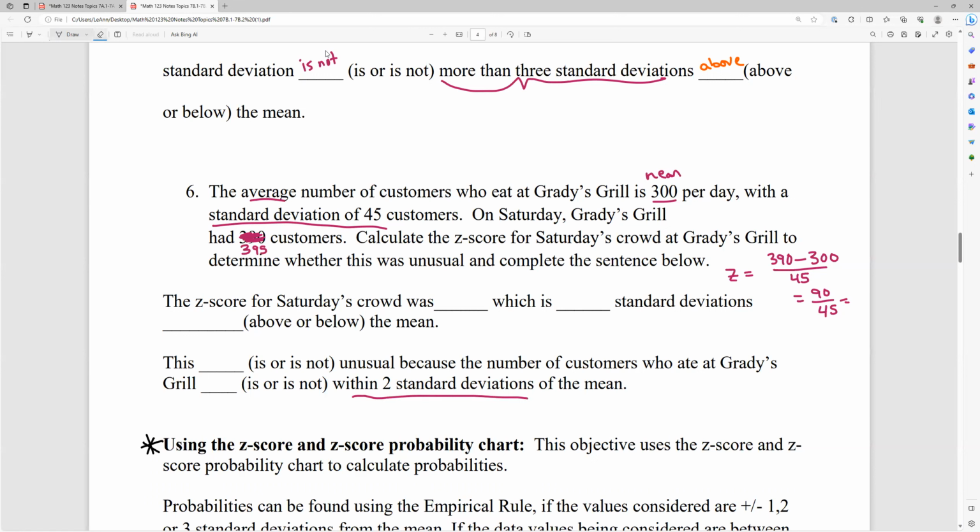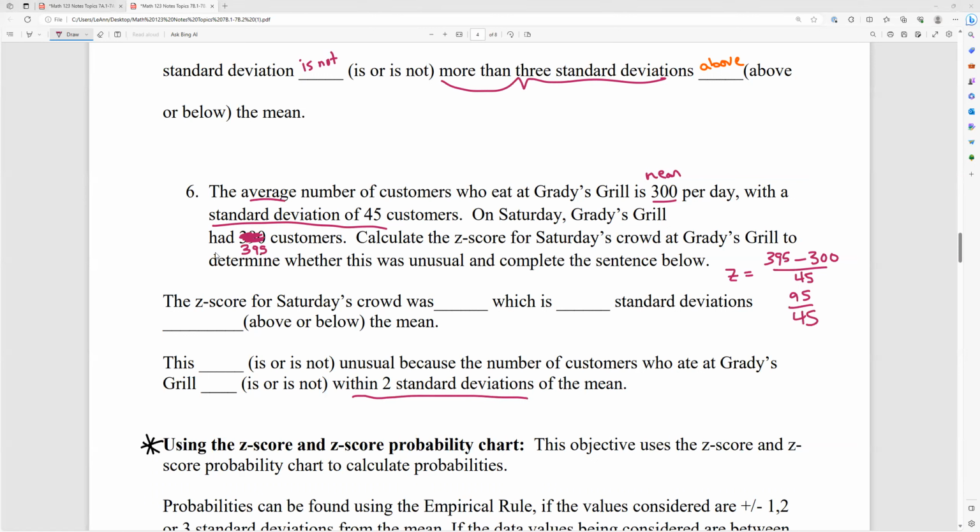I didn't mean for it to fall exactly on the number line, because you could go either way. So let me change that real quick. With 395 customers on that day, I wanted it to be very clear which side it was on. So 395 minus 300 is 95, divided by 45.